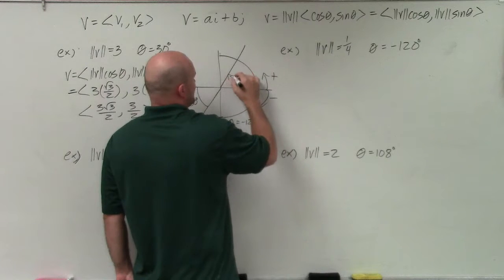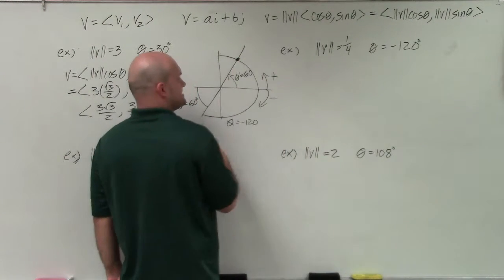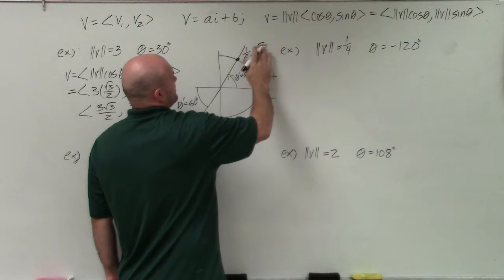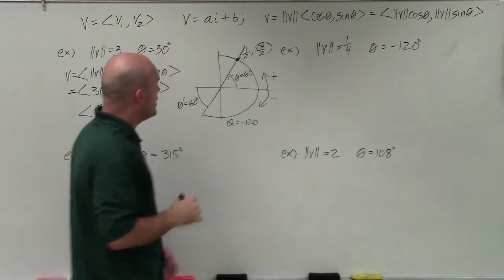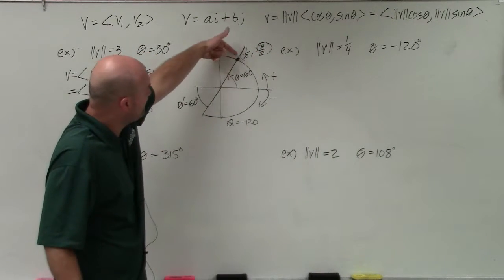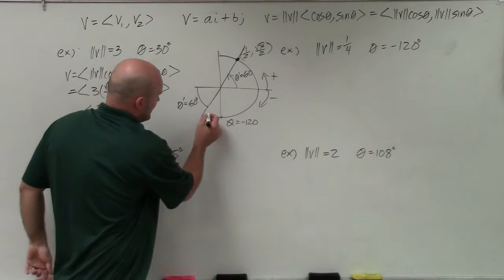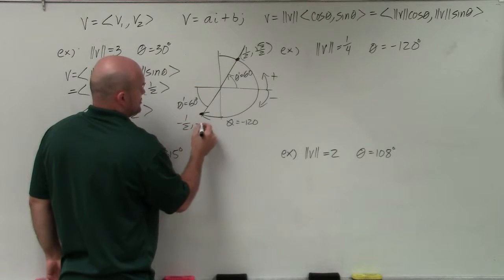So basically what I need to do is figure out what is my coordinate point at 60 degrees. Well, that point is 1/2, comma square root of 3 over 2. However, this point is now in the third quadrant, right? Because negative 120 is the angle down in the third quadrant. So it's the exact same coordinates, except they're both negative.